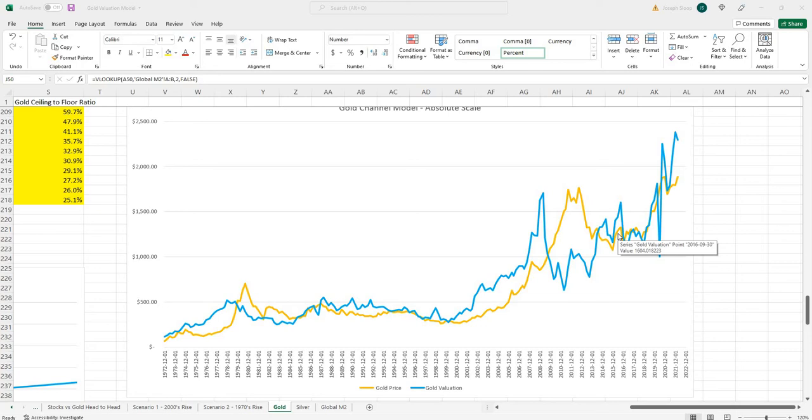Now, the two major factors shouldn't surprise you, and they are the money supply as measured by M2. That's a no-brainer. The more money that comes into the economy, the higher gold's price will become. The same is true with silver. And the value of the dollar index, how the dollar is trading against other currencies.